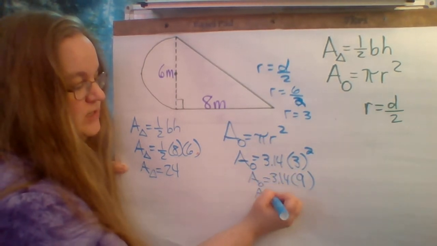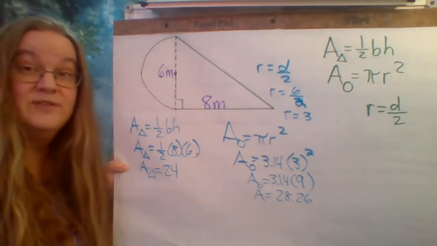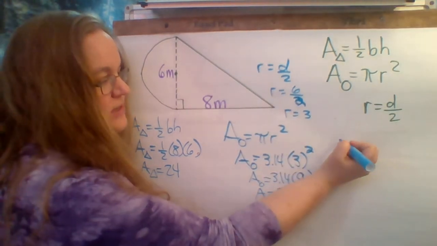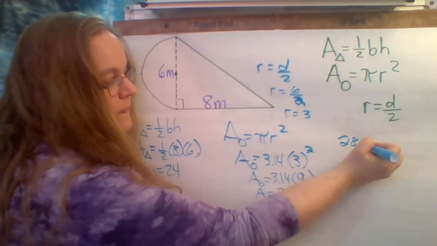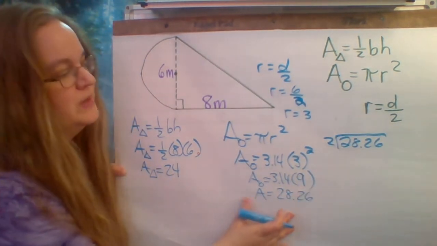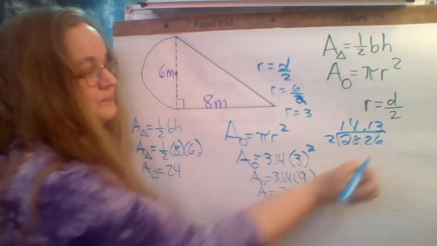That's going to give me 28.26. That is the area of a full circle with a radius of 3. Since I have a semicircle, I'm going to take that number and divide by 2, okay, because it's half a circle. When I divide that, I should get 14.13.